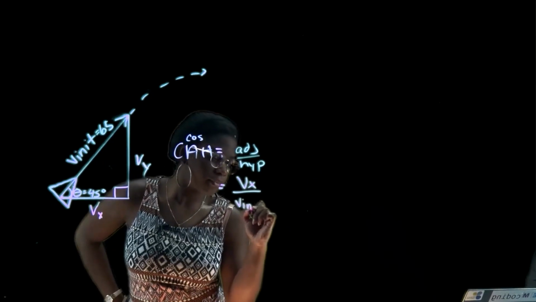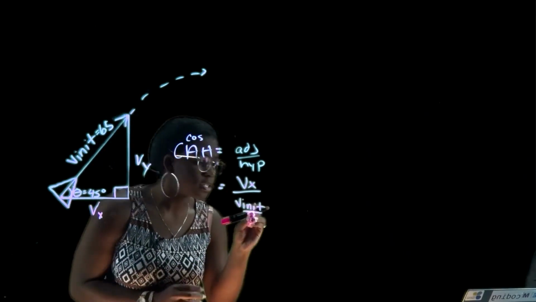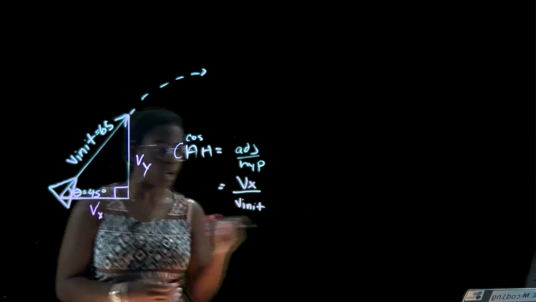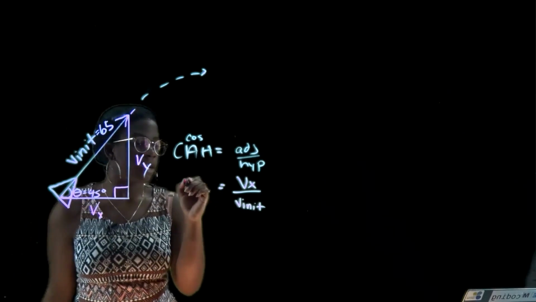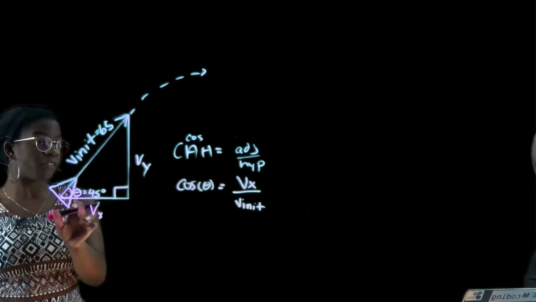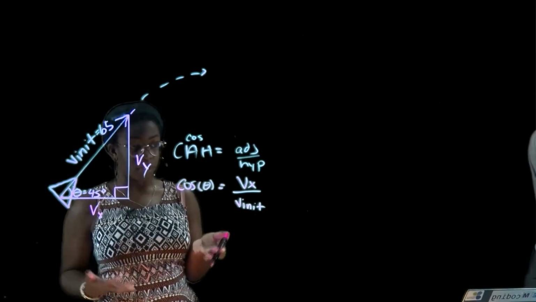The initial part is actually going to be a subscript, because it's really V naught, but we're keeping it simple for the code. And this equals cosine of theta, which is our 45 degrees. So we have to solve for Vx. That's really what we're looking for in this equation.